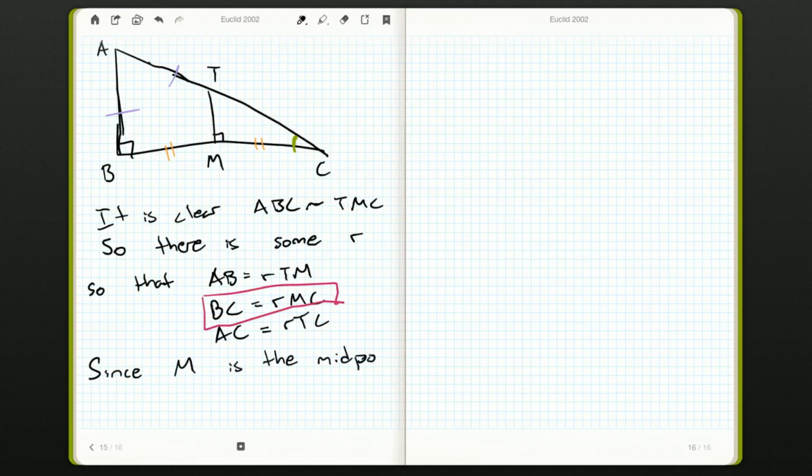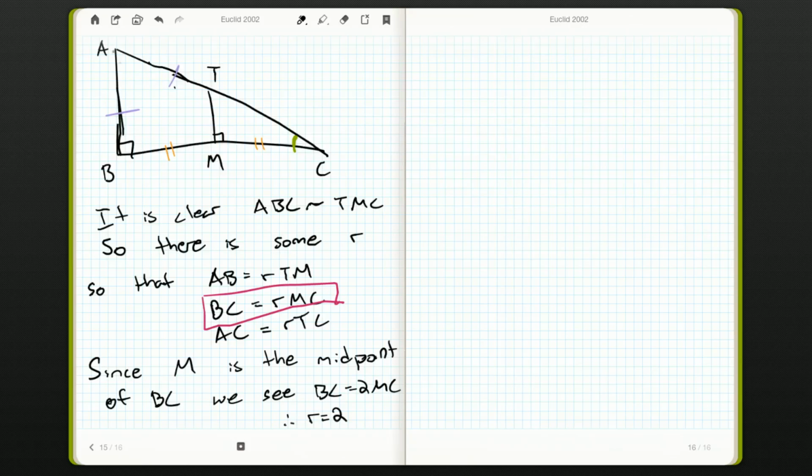So since M is the midpoint, because remember TM is a perpendicular bisector, so it splits it in half. The midpoint of BC. You see that BC is going to be 2MC. That tells me that my common side length, or my common ratio for the side lengths is 2. Okay. So, what can I do with that?